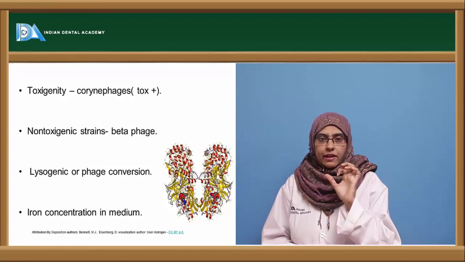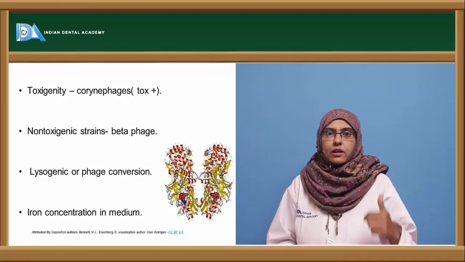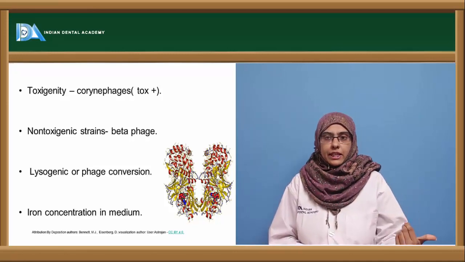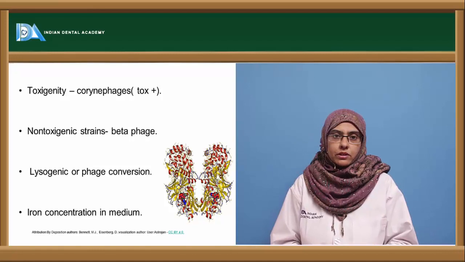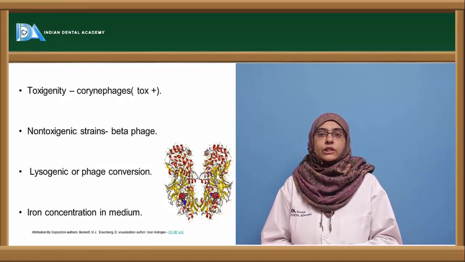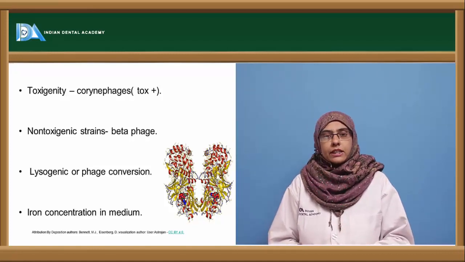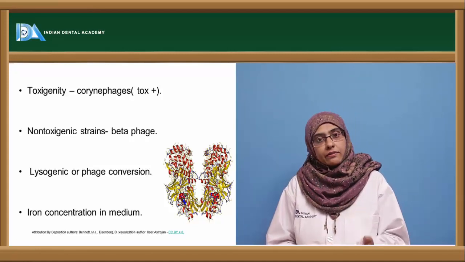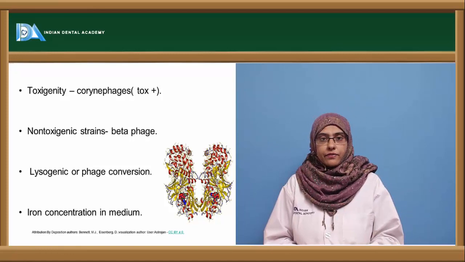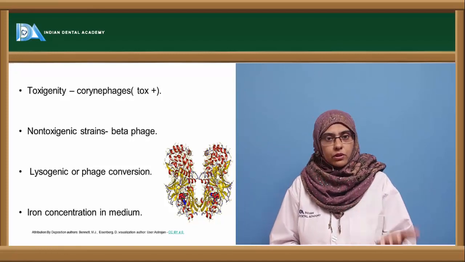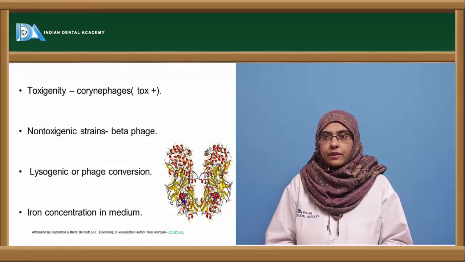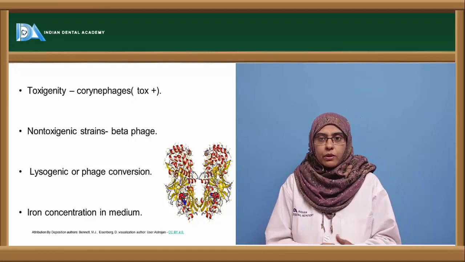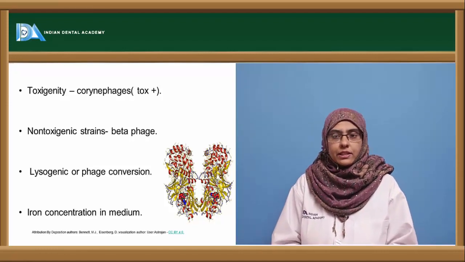So if the viral DNA contains the TOX plus gene, the organism becomes toxinogenic in nature because it is able to produce the toxin. And non-toxinogenic strains usually do not have this type of viral DNA integrated into them. But we can convert the non-toxinogenic strains to toxinogenic by inducing them with the beta phages. So this particular phenomenon is called lysogenic or phage conversion.